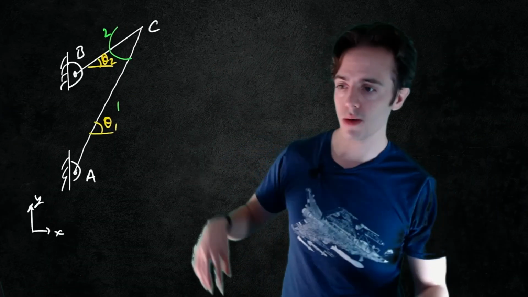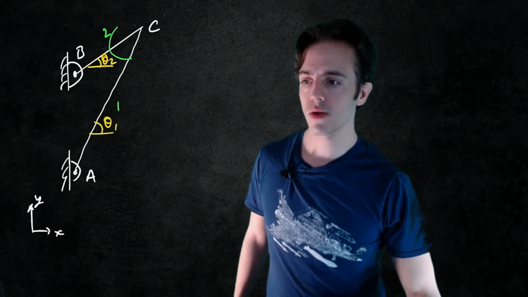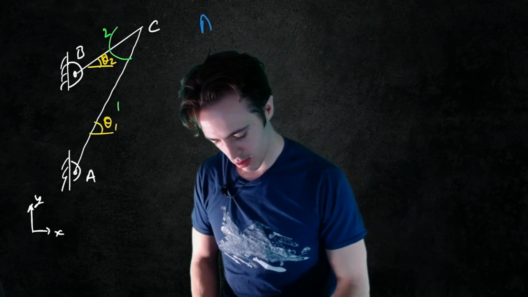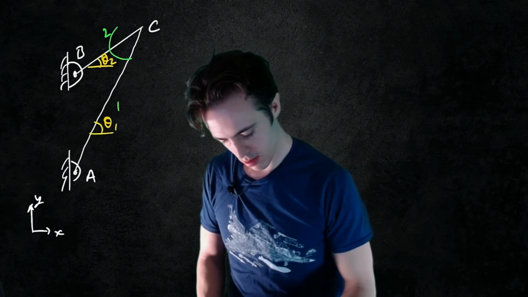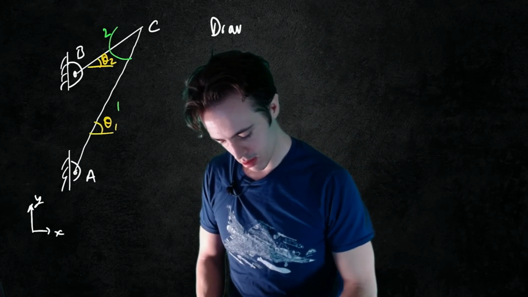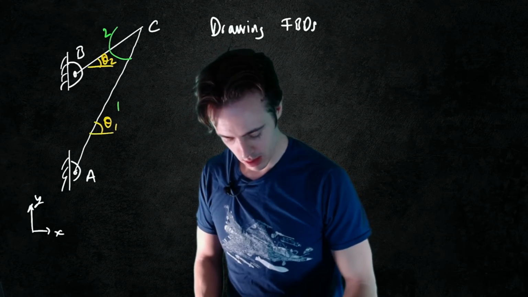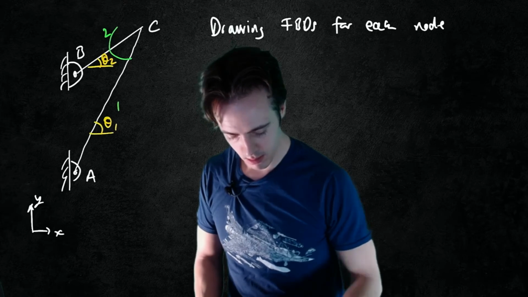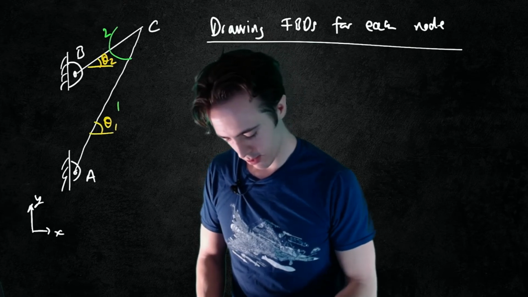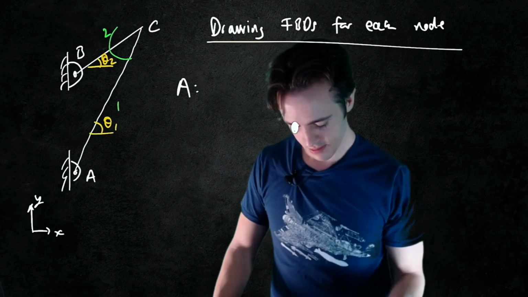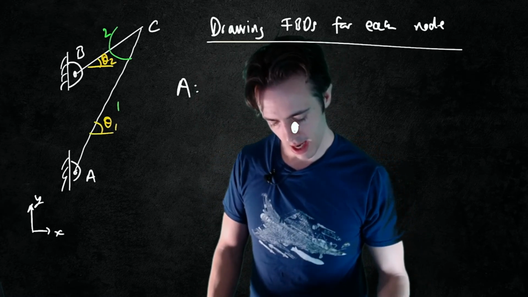Okay, so we've got our problem here. Now we're going to draw free body diagrams for each node. So we start out with node A. I'm going to have two reactions here.